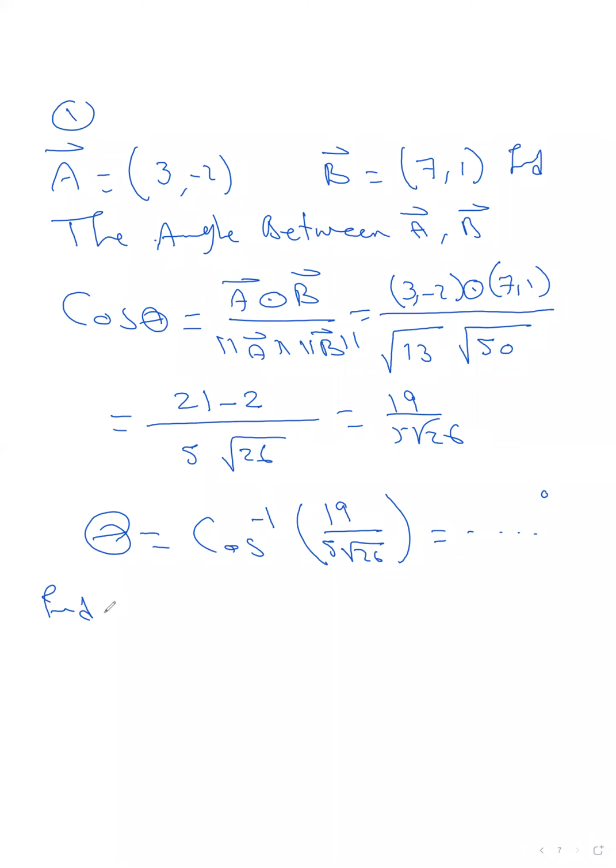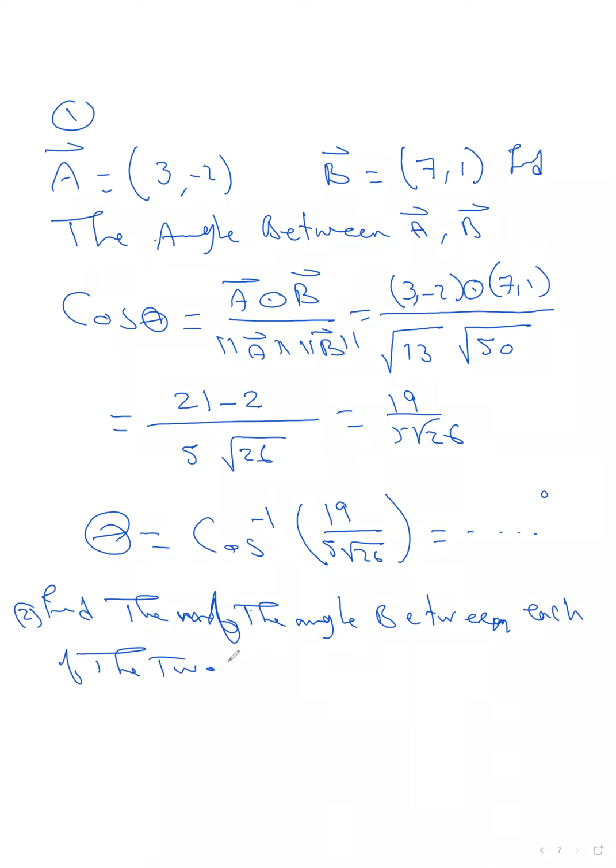Now number 2. Find the measure of the angle between each of the two vectors. A, vector A equals 7 and 5, vector B equals negative 1 and negative 1.